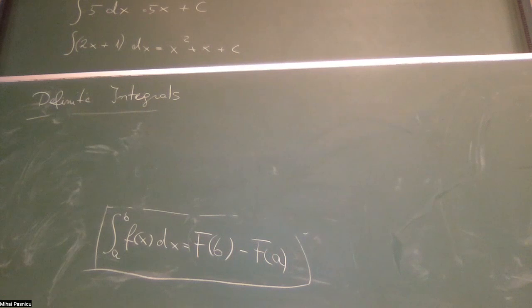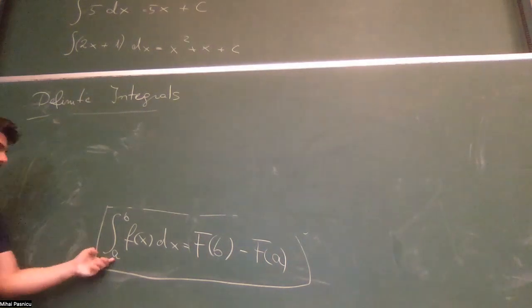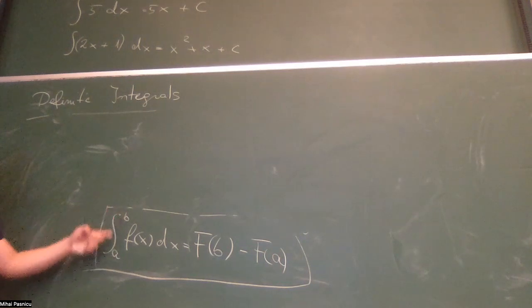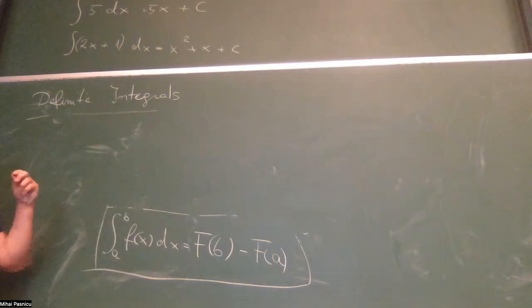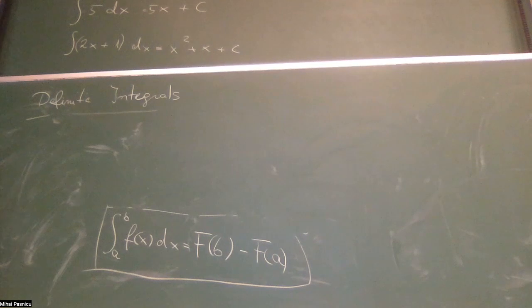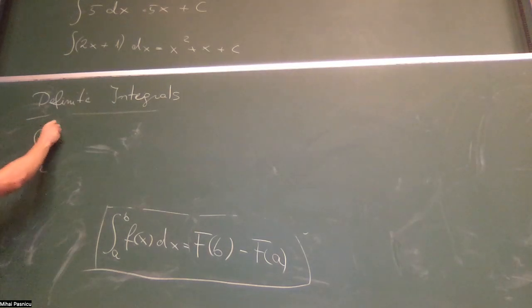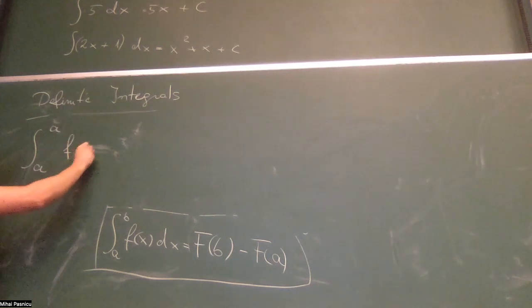The only new properties are in regards to this A and B situation. All the properties I'm going to give you right now are intuitive. What is the integral from A to A of f of x dx?